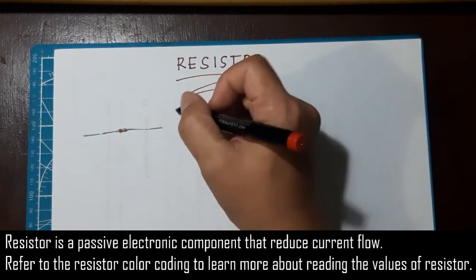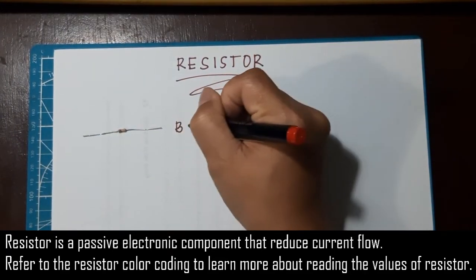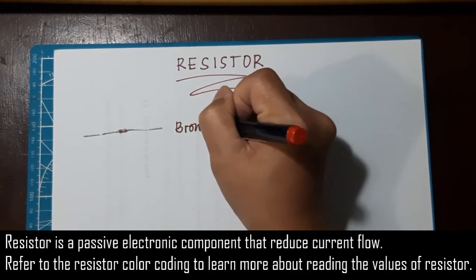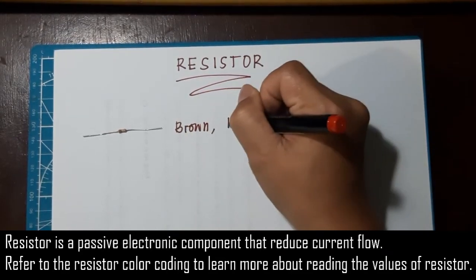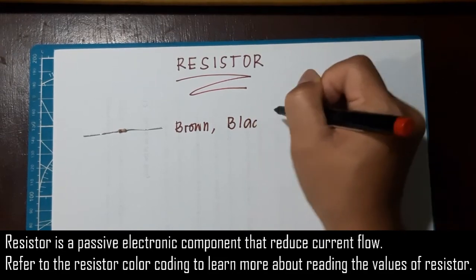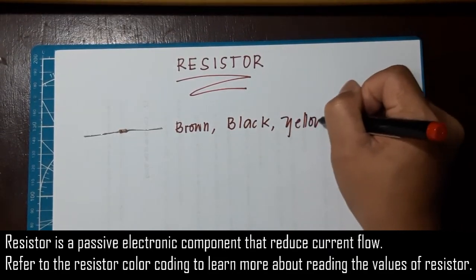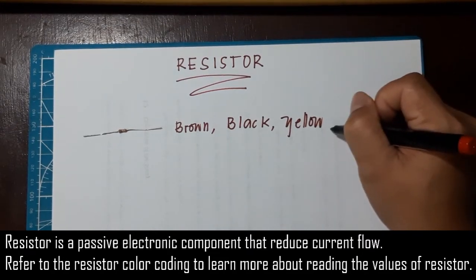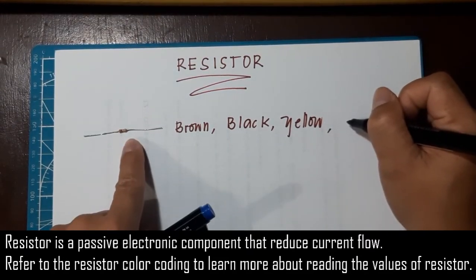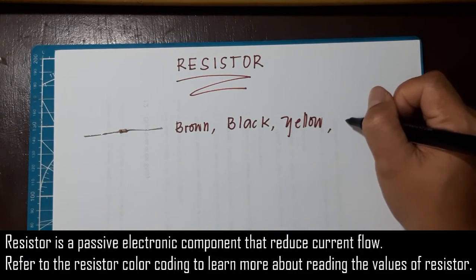So that is brown, you have your black, yellow, and the last band will be gold.